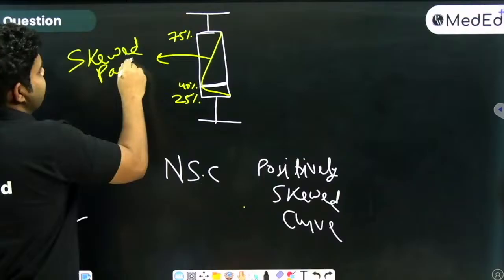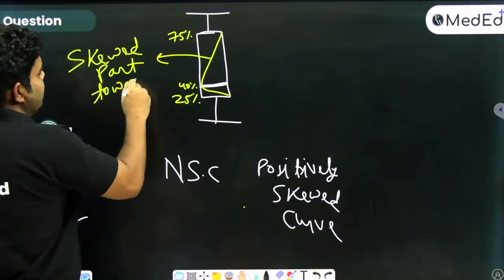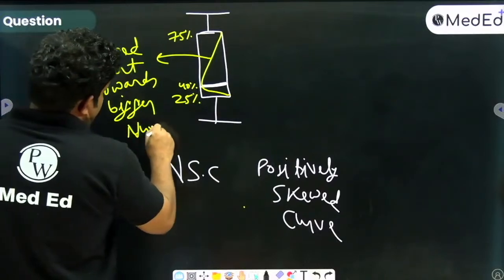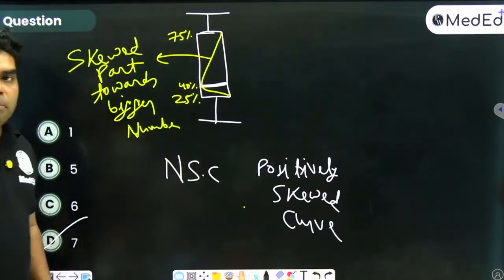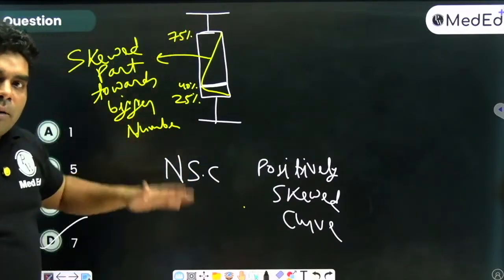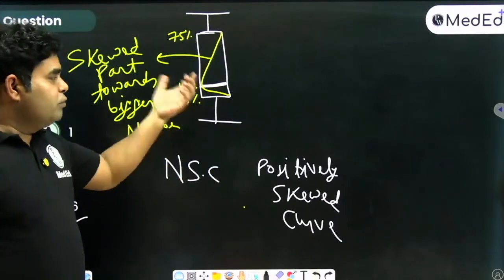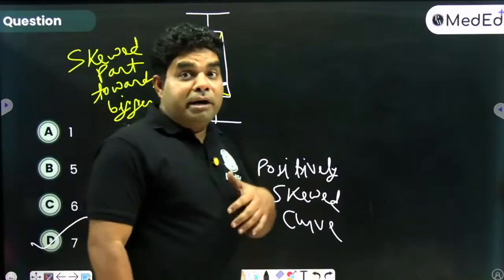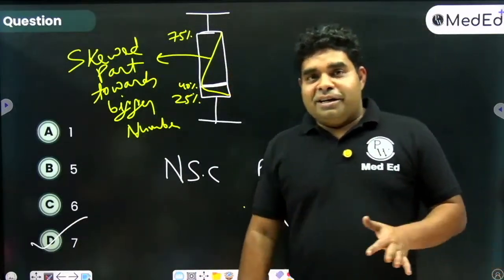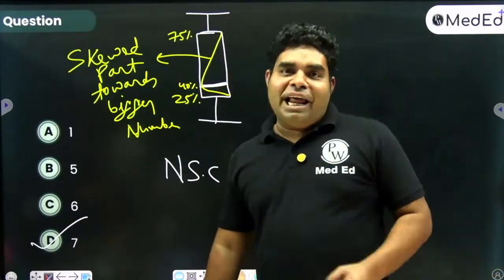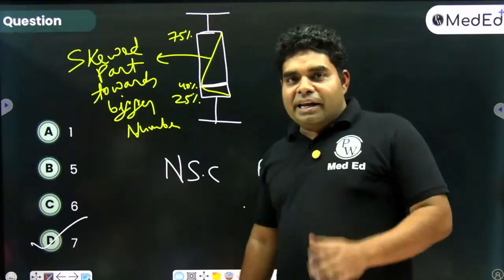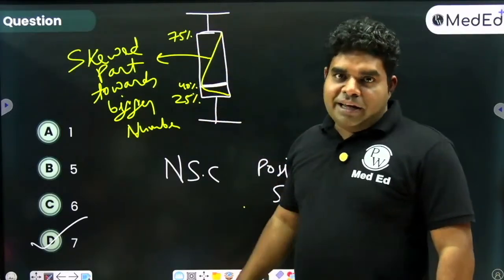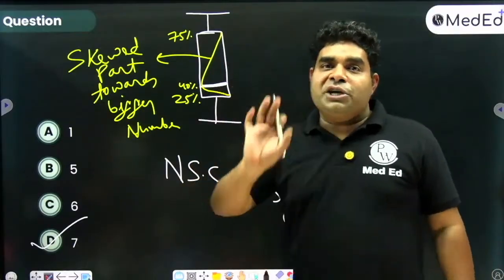And you can see the skewed part is going towards bigger numbers. Look, one thing is simple: 40 to 75 is a bigger number as compared to 25 to 40. And in your life, if you are going towards bigger numbers, bigger money, you are positively going in your life. So similarly, in a curve also, if the skewed part is towards bigger numbers, we call this curve a positive skewed curve.